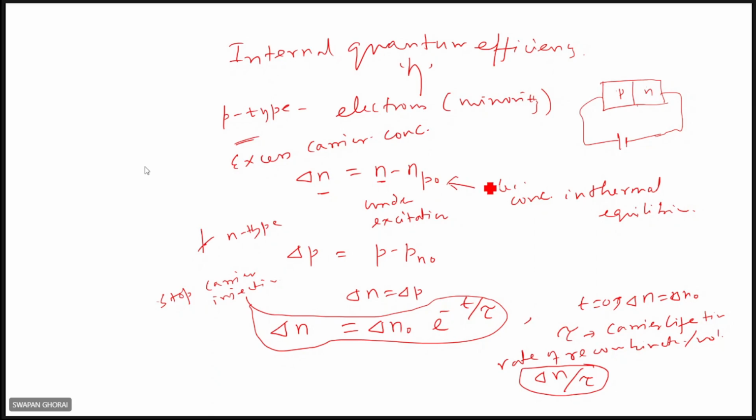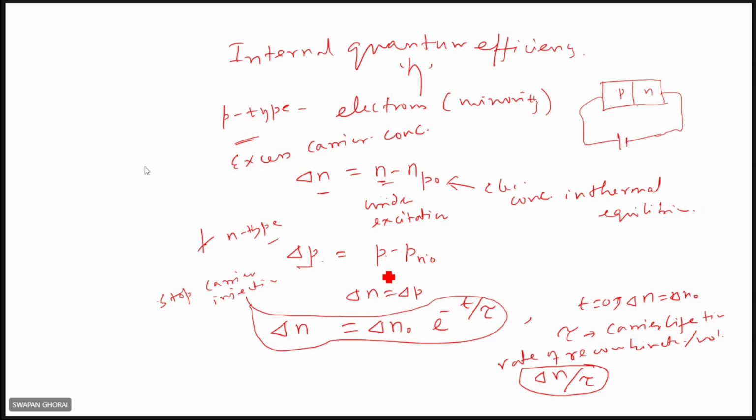So the electron concentration in thermal equilibrium will have some value. The net excess carrier concentration will be n, under excitation, minus the thermally generated carriers, so n minus np0. Similarly, for n-type you have to consider holes: delta p, the excess hole concentration, is p minus pn0. Here also pn0 is the hole concentration in thermal equilibrium.